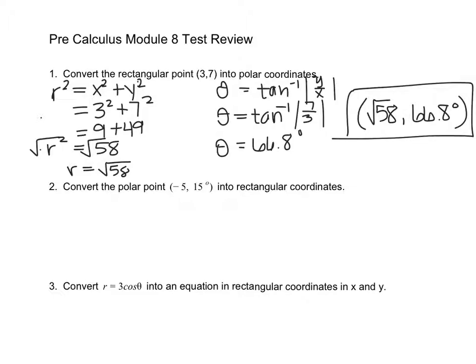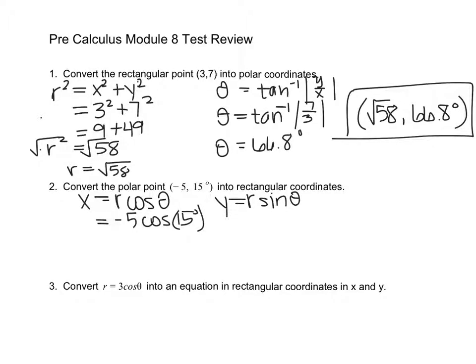Next, we want to convert the polar point (-5, 15 degrees) into rectangular coordinates. So to find rectangular coordinates, we use x equals r cosine theta and y equals r sine theta. Plugging in r and theta, we get x equals -5 times the cosine of 15 degrees.